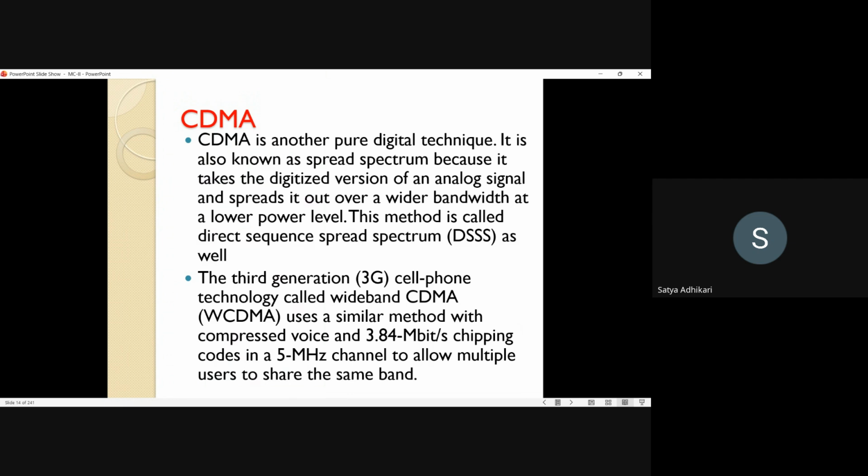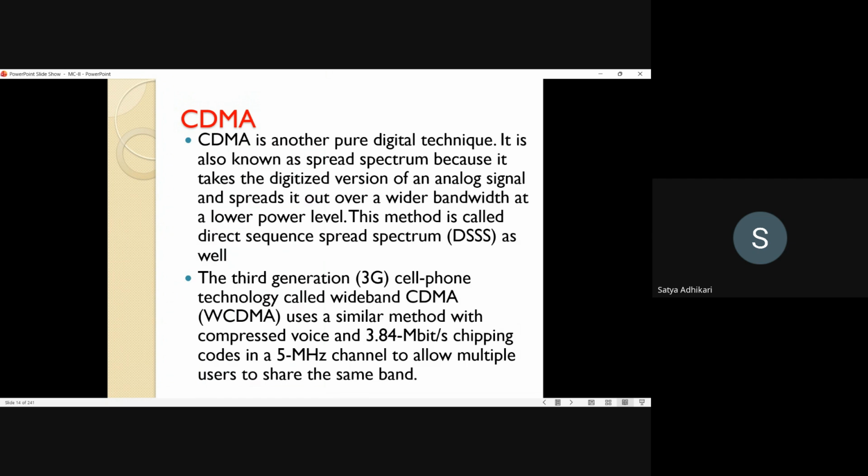Then the third one is CDMA, code division multiple access. It is also known as spread spectrum because it takes the digitized version of an analog signal and spreads it out over a wider bandwidth at a lower power level. This method is also called direct sequence spread spectrum.